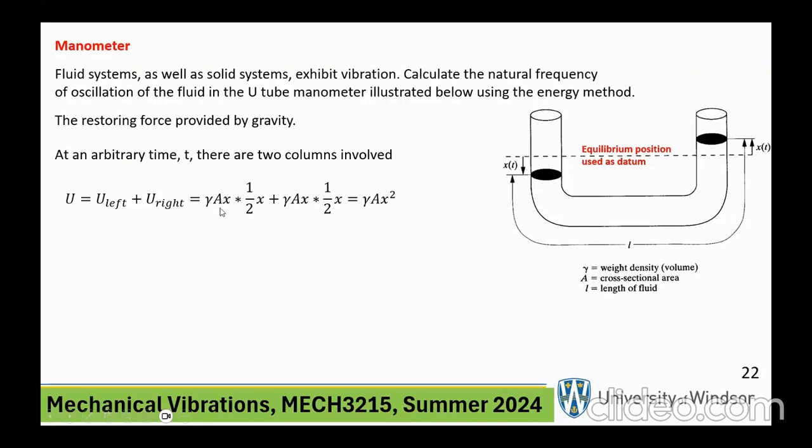This times gamma gives you mg. This is your weight, and it goes up by, we can approximate it, x over 2, because although the surface goes up, the mass center of it is halfway between. That's why it has an x over 2. It's the same thing for the other one, and you just clean it up. You're going to get gamma a x squared.